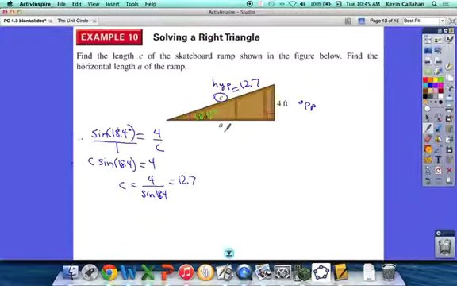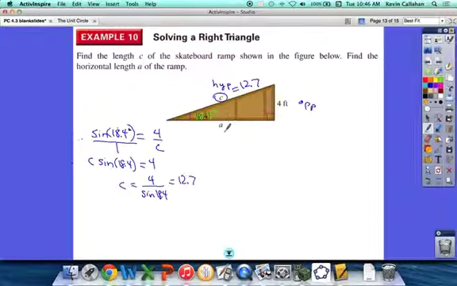What else could you do now since you've already figured out the C? What else, that doesn't involve trigonometry? Just use the Pythagorean theorem, right? Usually, if you're solving the whole triangle and you've already found one of the missing sides, then use the Pythagorean theorem for the last one.